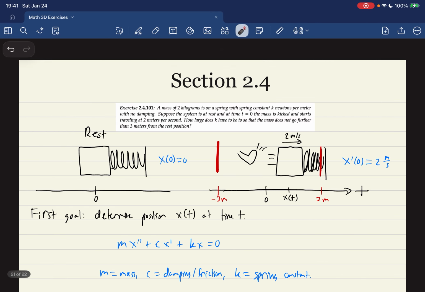Once again, that's because if we pretend that these are the barriers for negative 3 and 3 meters, x of t cannot go further than 3 meters in the positive direction, but it also cannot go further than 3 meters in the negative direction. So it must be between these two lines. And symbolically, this just means that x of t is between negative 3 and positive 3.